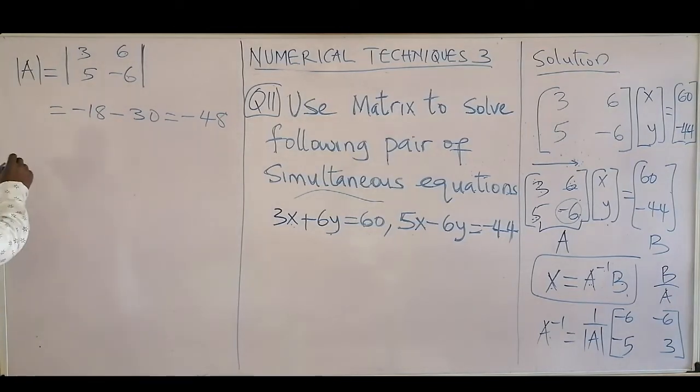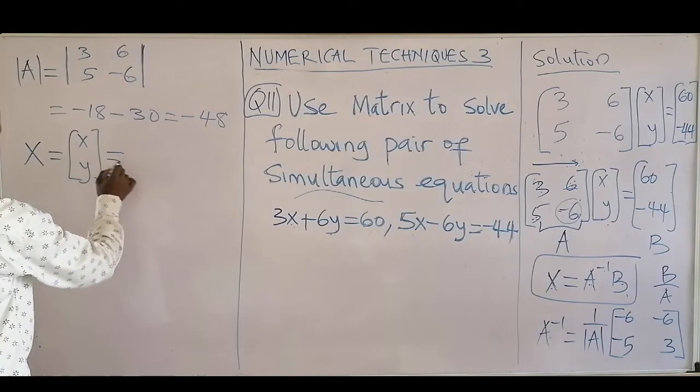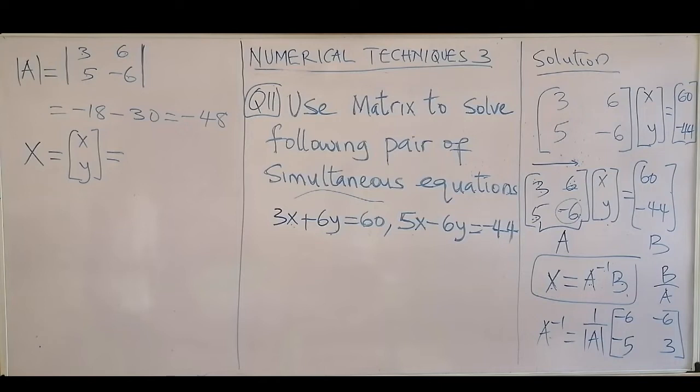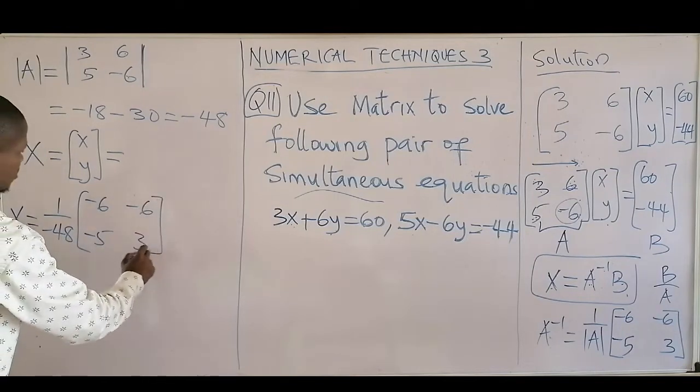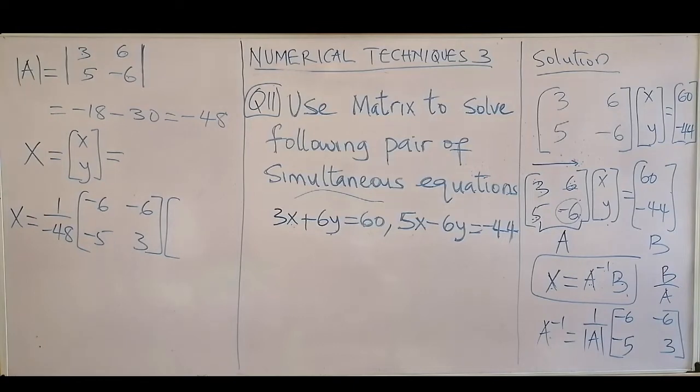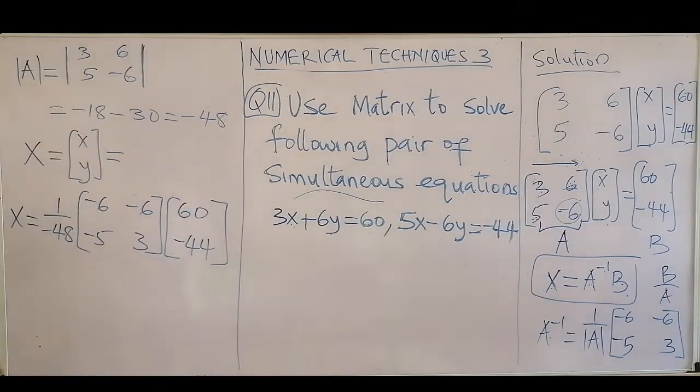So we now have that x, y is now equal to, let's do the expansion, 1 over minus 48 times minus 6, minus 5, 3, and then times B. Our B is 60, minus 44.